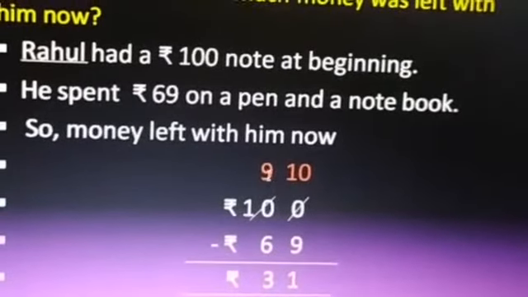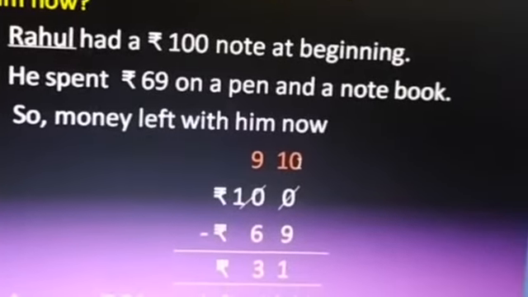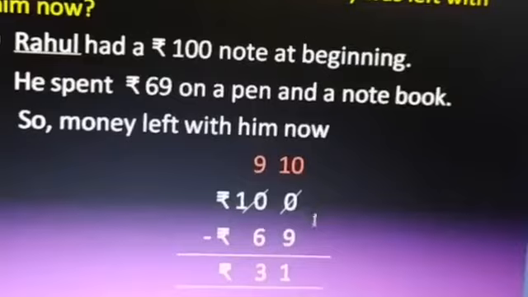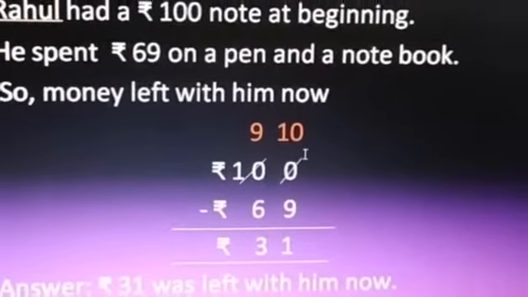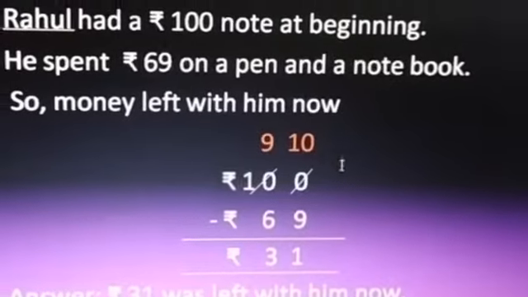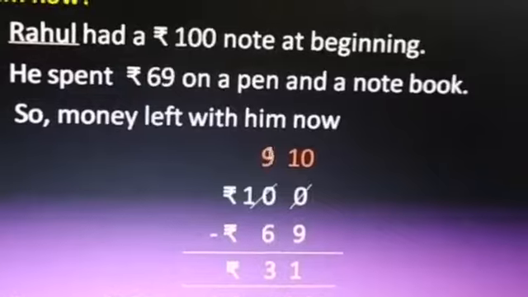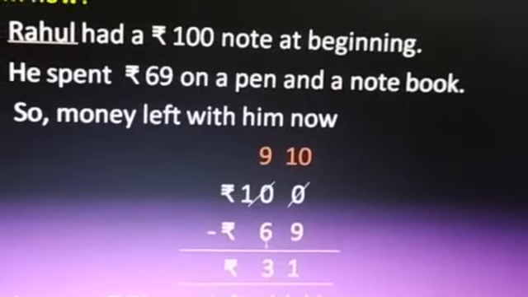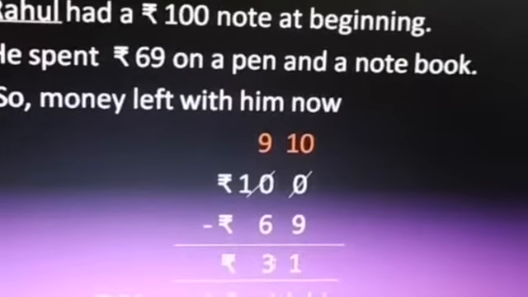So 10 will be 9 now and this 0 will be 10 now. So now let's try to do subtraction. 9 subtract from this 10. So 10 minus 9 is 1 and 9 subtract, here is 9, so 6 subtract from this 9. So 9 minus 6 is 3.